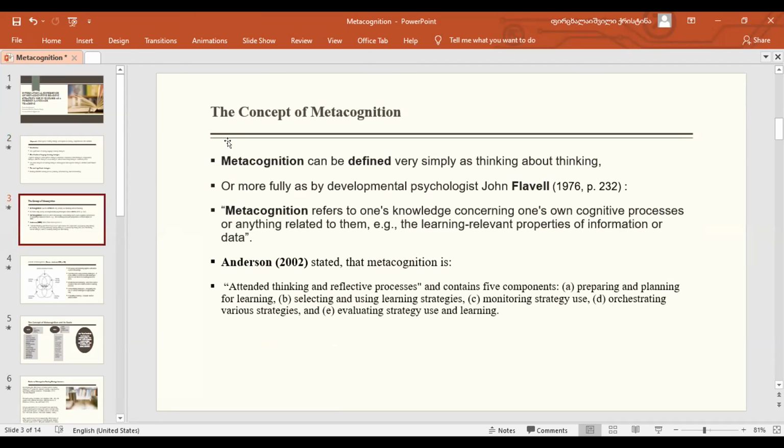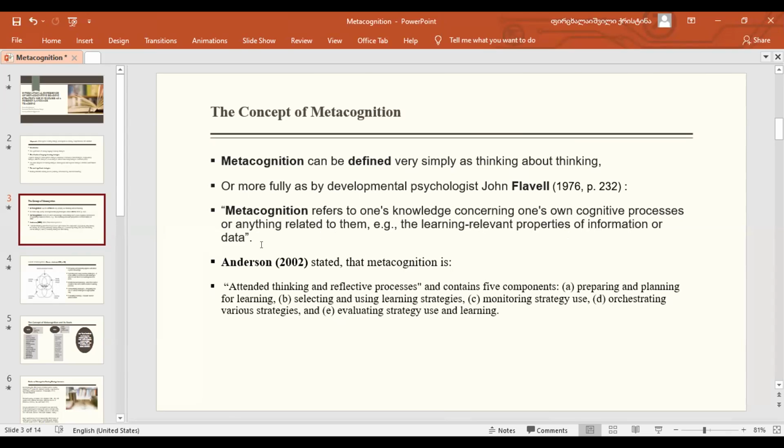As for the concept of metacognition, the first person who offered the term and its definition was Flavell in 1976. Metacognition refers to one's knowledge concerning one's own cognition or anything related to it, for example, language-relevant properties or information.